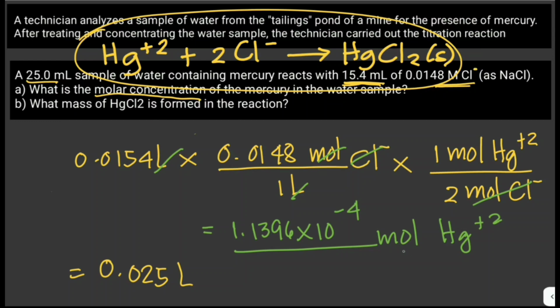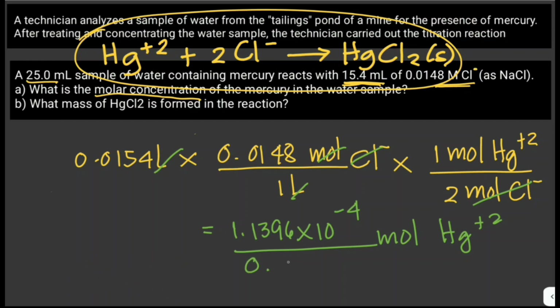We already have the number of moles of mercury. Then to find the molarity, we need to divide this by the volume of water, so we divide this by 0.025 liter.